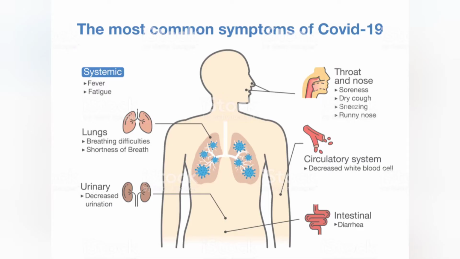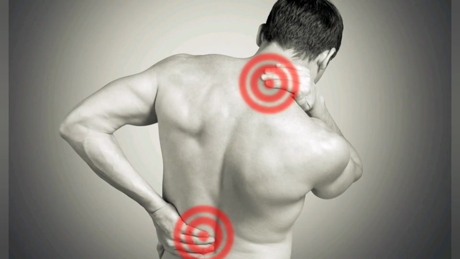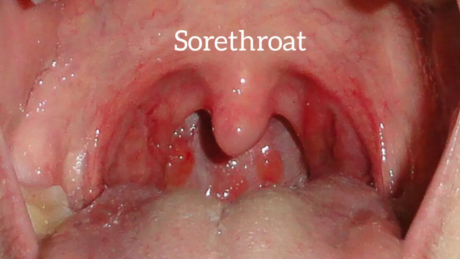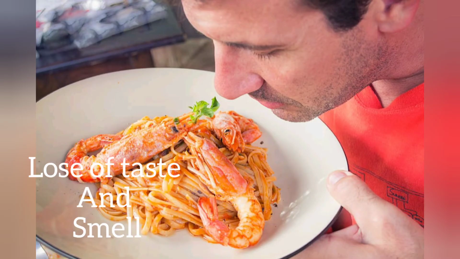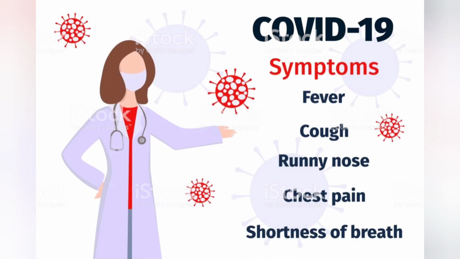The symptoms of COVID-19 include, but are not limited to, fever, chills, repeated shaking with chills, muscle pain, headache, sore throat, and then the loss of taste or smell. It's not only one of these symptoms that can conclude that you have COVID-19.